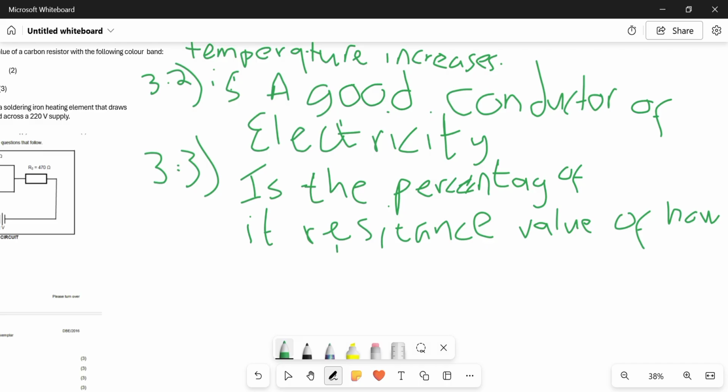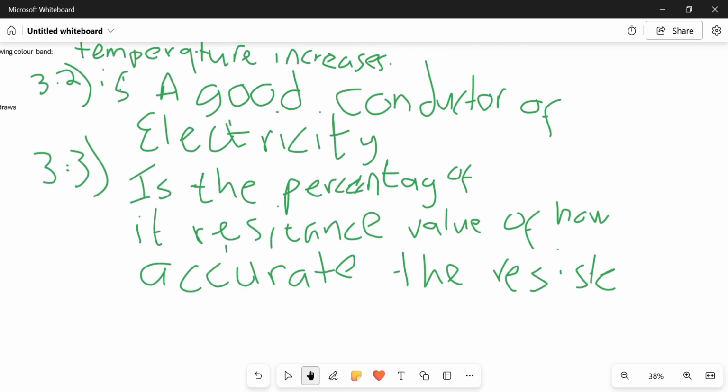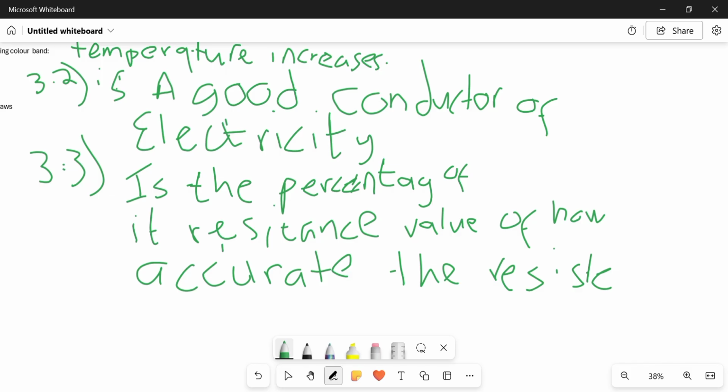It is the percentage of how accurate the resistor value is.